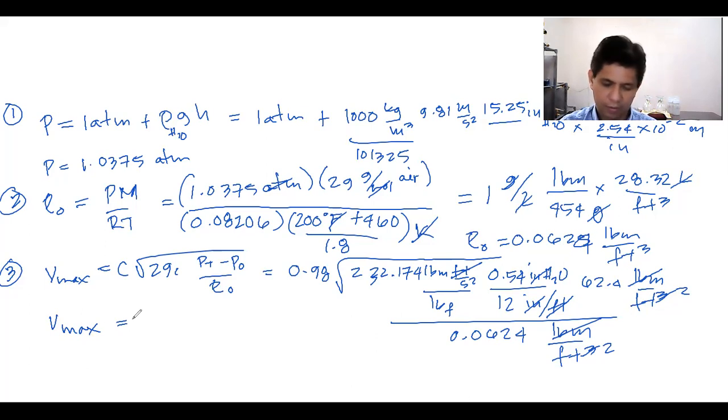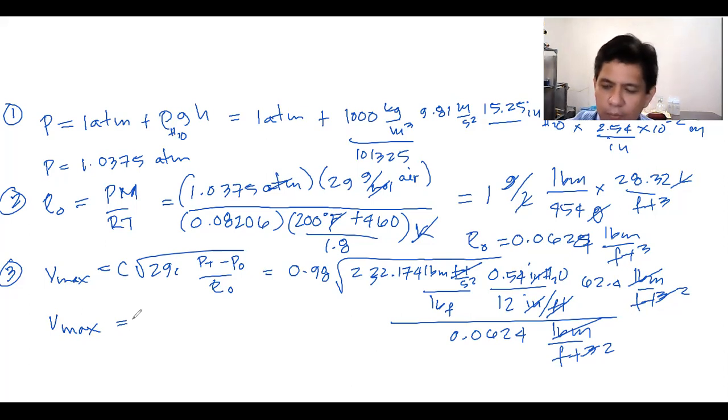I hope you're getting what I'm trying to say. Remember, the feet unit of pressure is actually pound force foot per pound mass, so the pound mass and pound force in gc cancel. Times 62.4 all over 0.0624, you're supposed to get 52.7 feet per second.